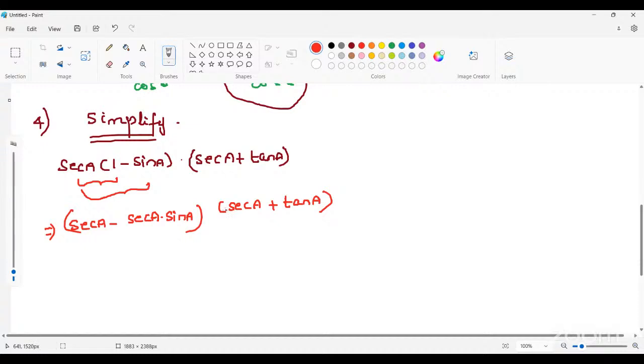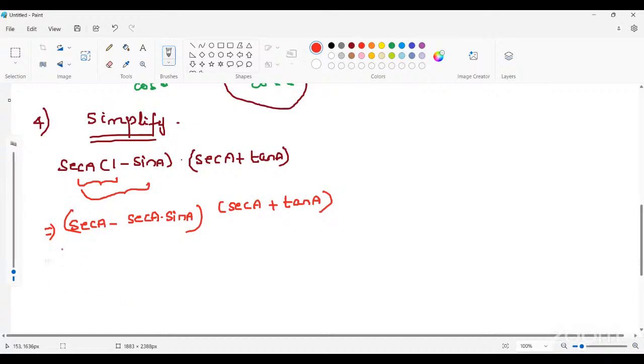So secant A minus secant A sin A into secant A plus tan A. All right.